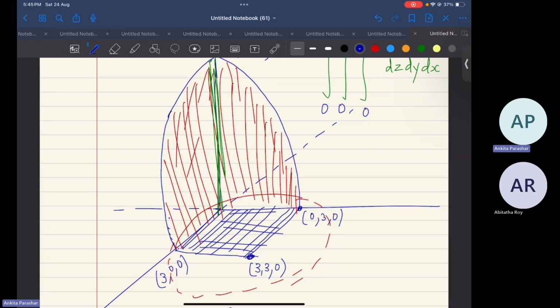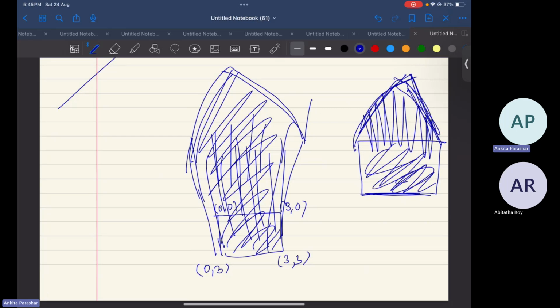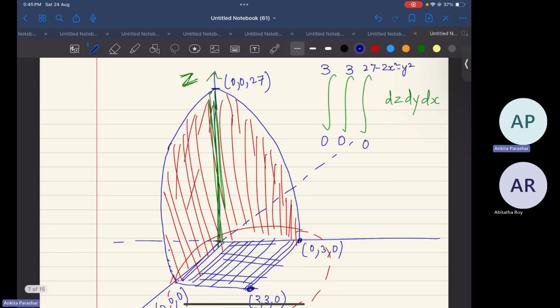But I am not interested in that. I am interested in that plane in xy. I mean, the xy plane, whatever the figure we have, because we are bounded below by only that much. Although the elliptic part is too much, we don't need it. So the limits will be from 0 to 3, 0 to 3. And now can you integrate and tell me the volume?